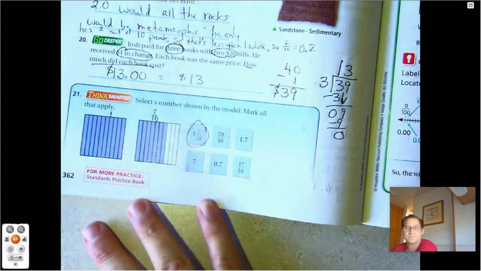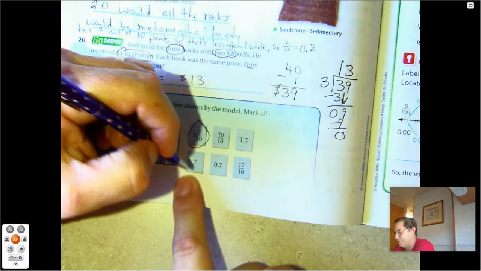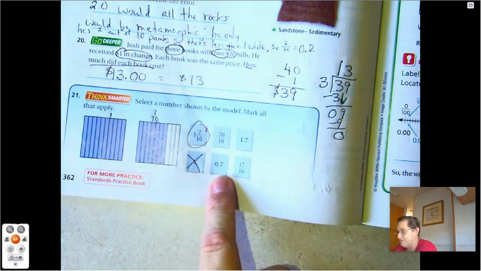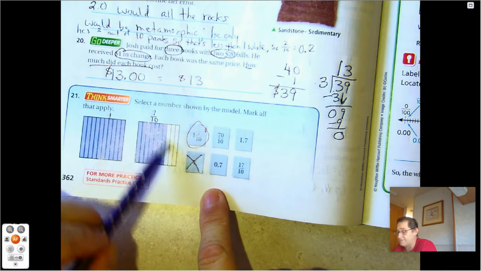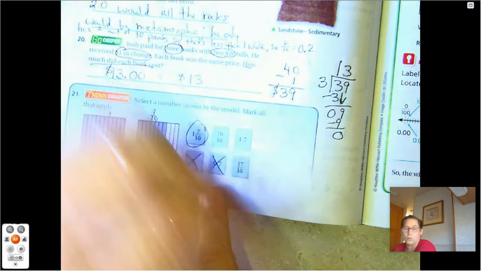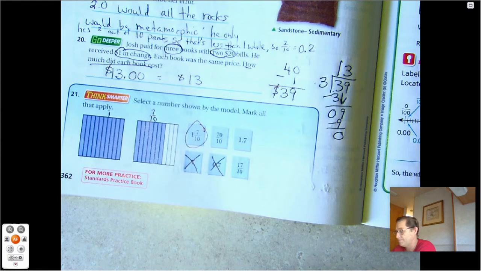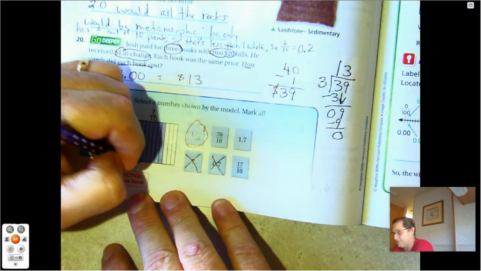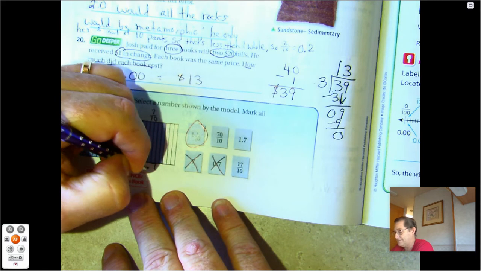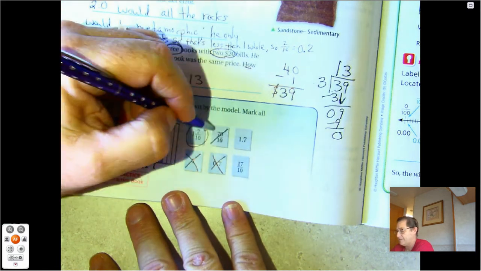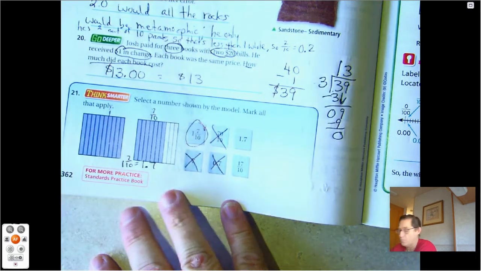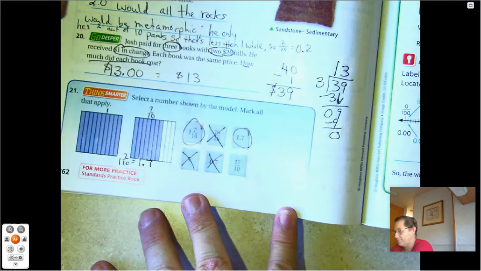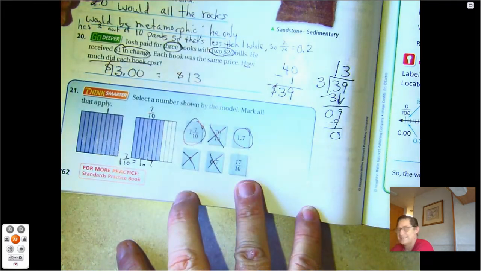That one works. This one, no. 7 tenths. Well, no, that represents the fraction part, but not the whole number. So our whole number is 1 and 7 tenths, which is the same as 1.7. 70 divided by 10 is 7, so nope. 1.7, that's good. 17 over 10.